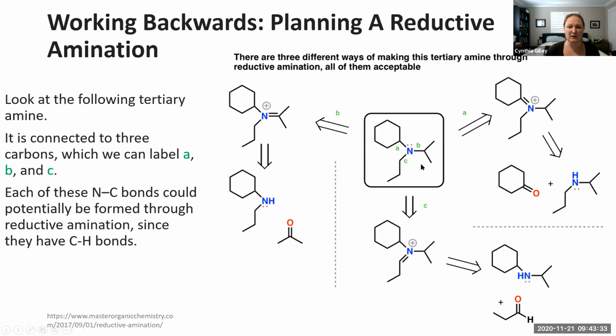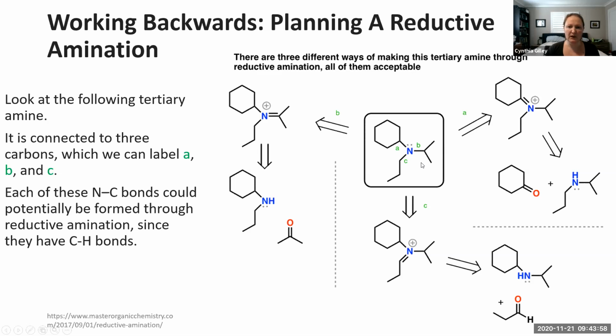And the reason I know you can make all of them through a reductive amination is because I'm looking at these alpha carbons, and they all have at least one hydrogen attached to them, which means that we can make this through a reductive amination. In addition, they're all sp3 hybridized, which is a requirement when we're doing a reductive amination.